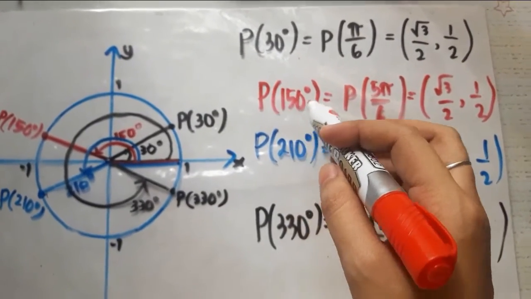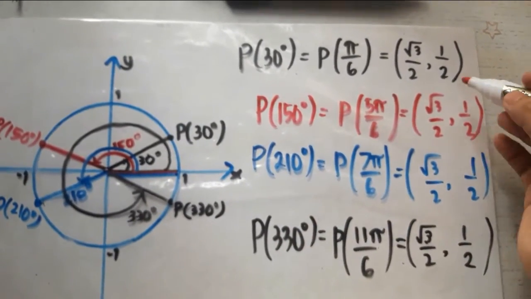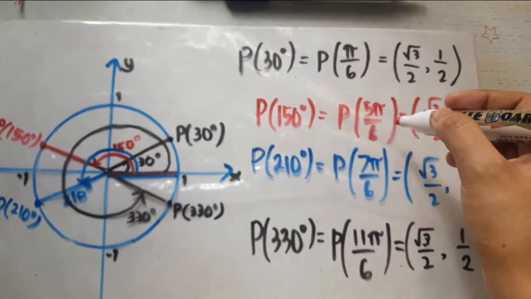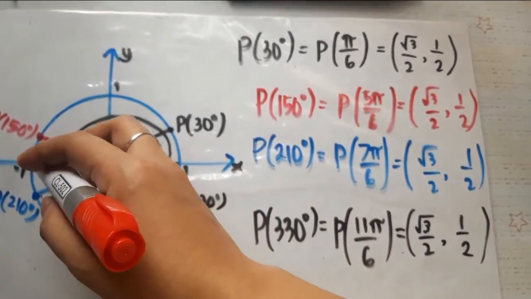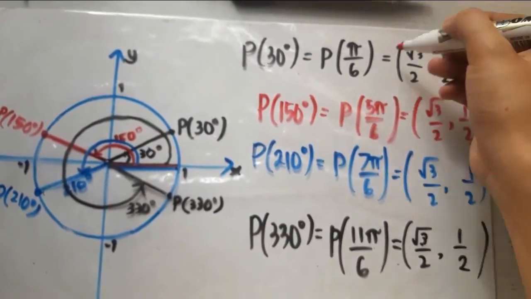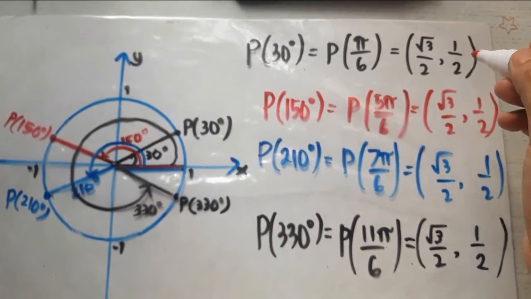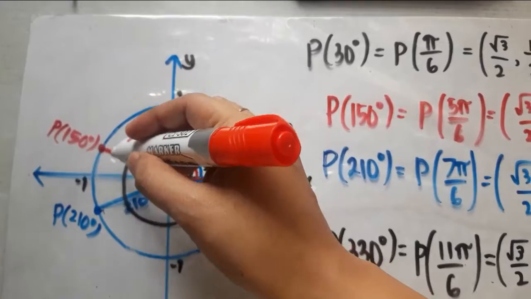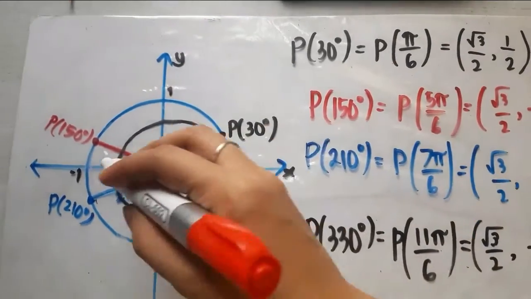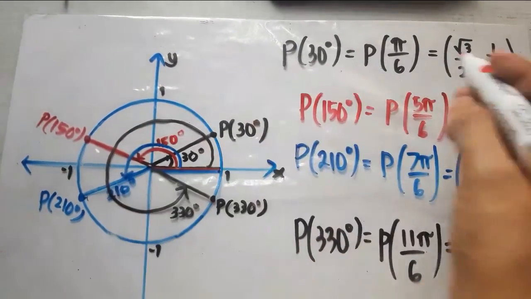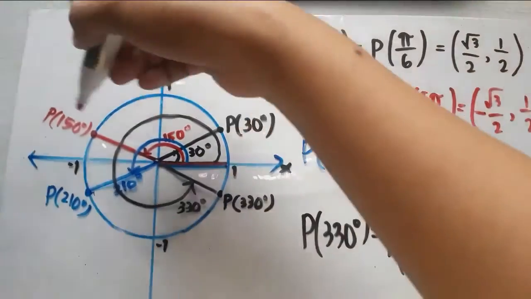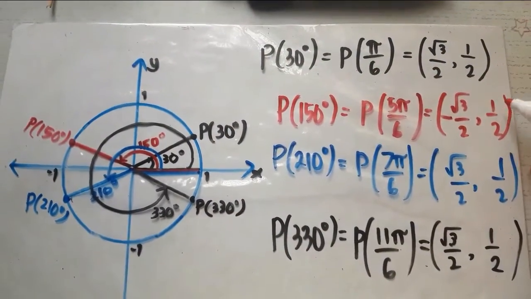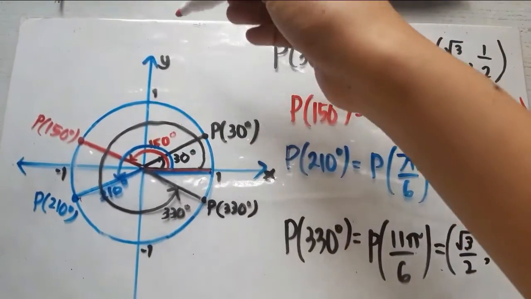Therefore, P of 150 degrees, or P of 5 pi over 6, has almost the same coordinates as P of 30 degrees because it's its reference angle. But since it's located in the second quadrant, we'll use the negative sign for x because it's on the left side, and then positive for 1 half because it's at the upper part.